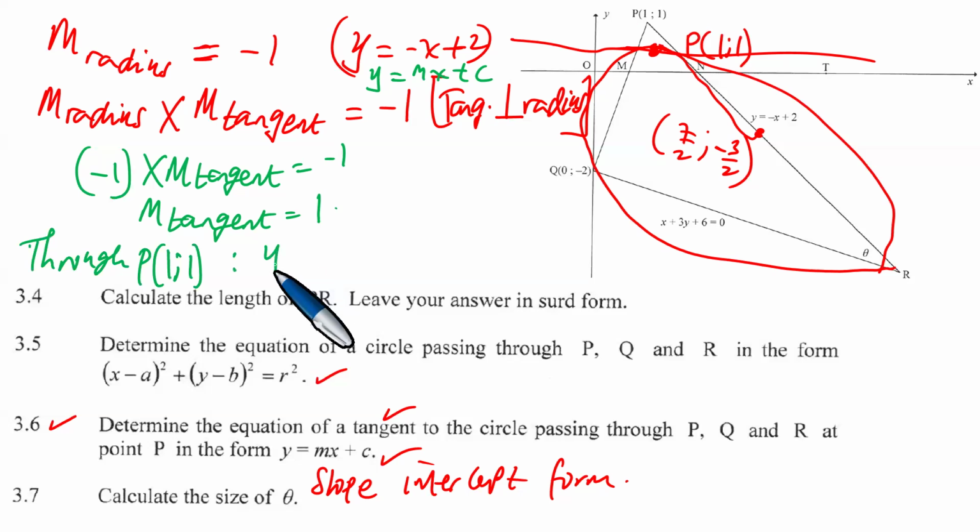So we're going to use the slope point form, y minus y1 equals m into x minus x1.